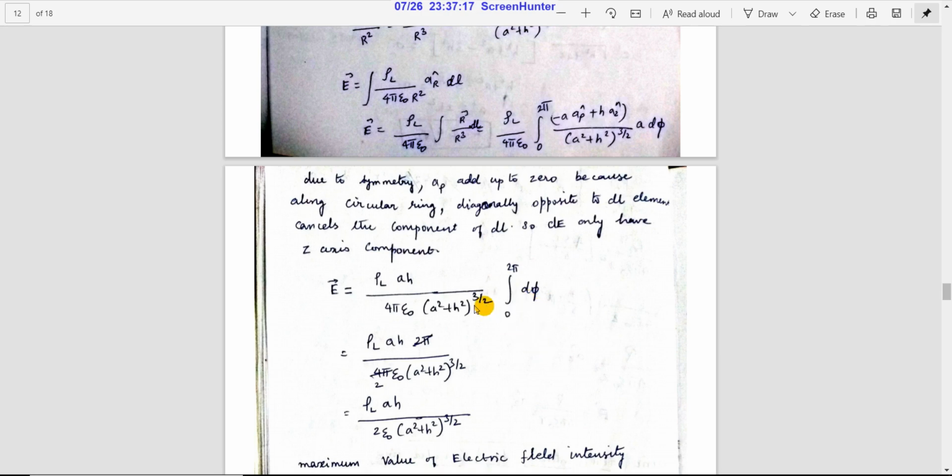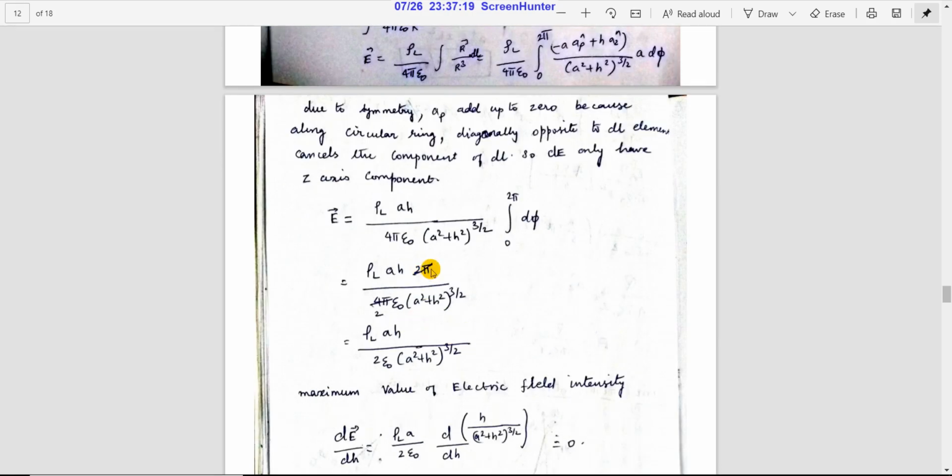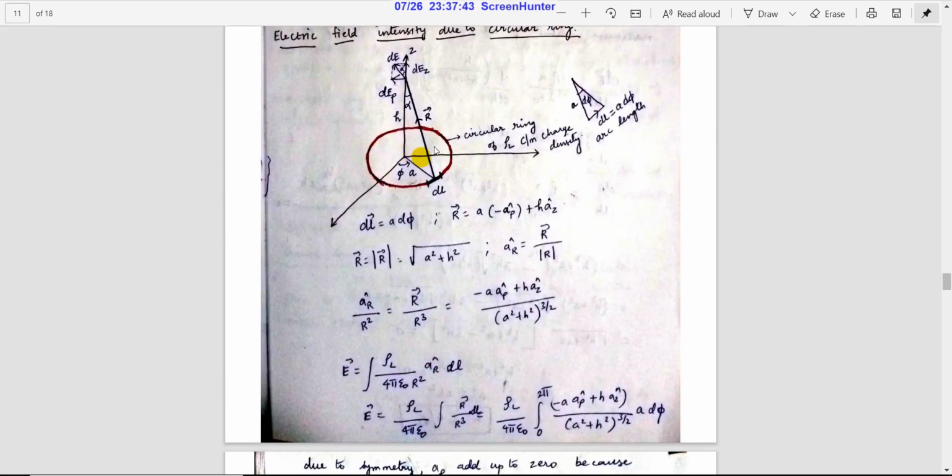If you integrate this, we will be having 2 pi minus 0. So 2 pi divided by 4 pi epsilon naught, A square plus H square power 3 by 2. We can strike out these terms as 2. So E is rho L A H divided by 2 epsilon naught, A square plus H square power 3 by 2. This is the electric field intensity due to a circular ring at a particular position.